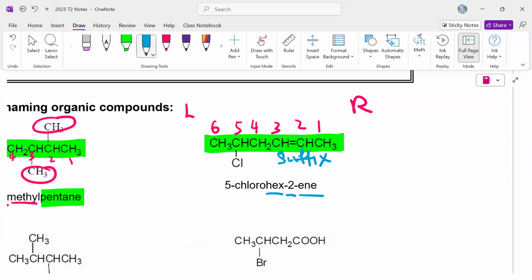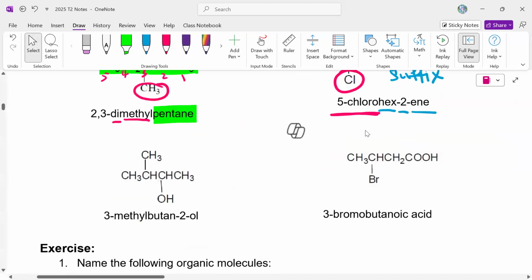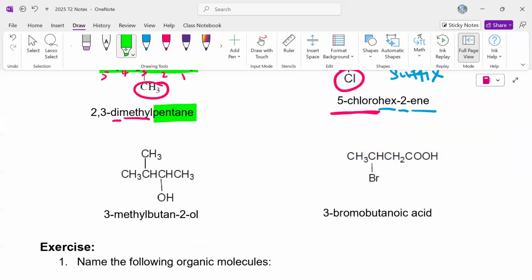If there's no substituent, I can call it 2-hexene. But there's a substituent, and the substituent will have to take up the space in front. And by numbering that way, my substituent is now number 5. So 5-chlorohex-2-ene. Okay, next.